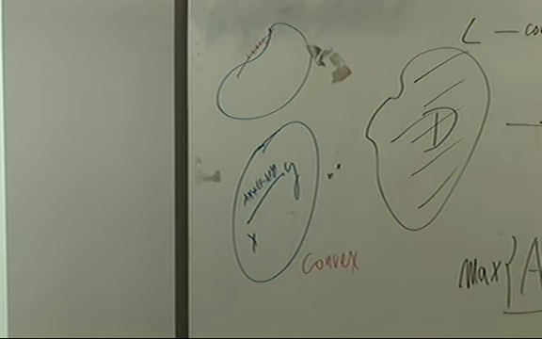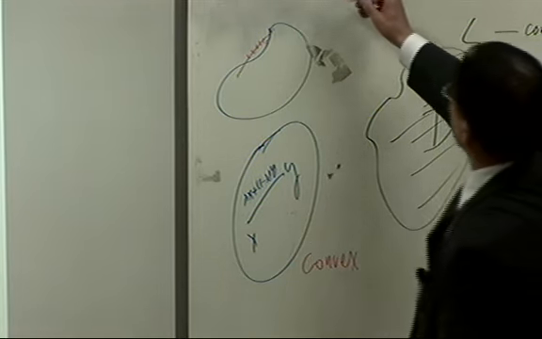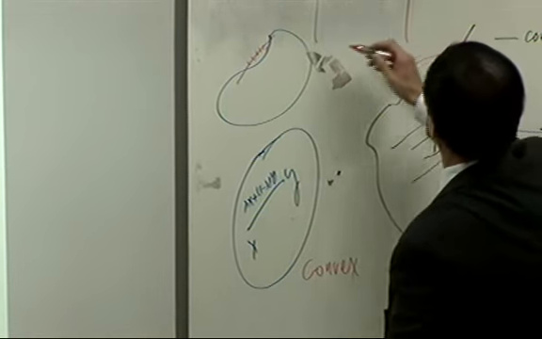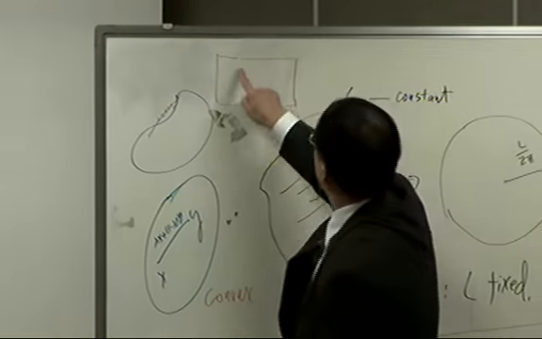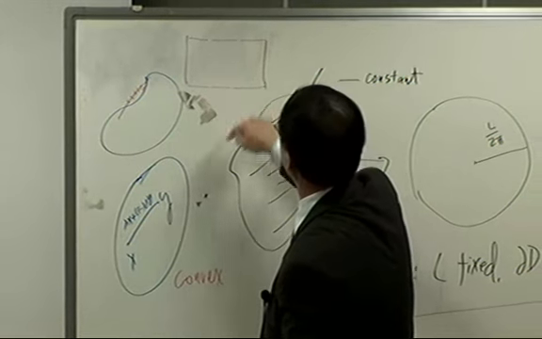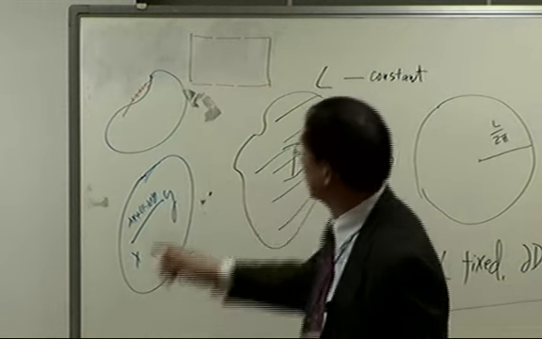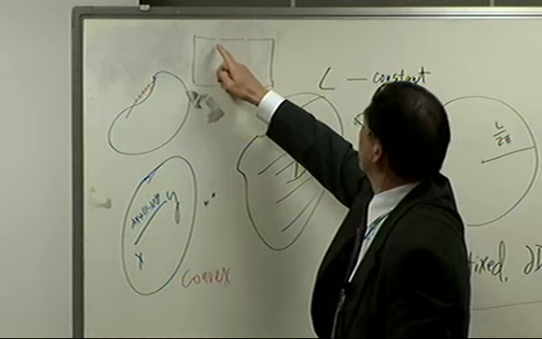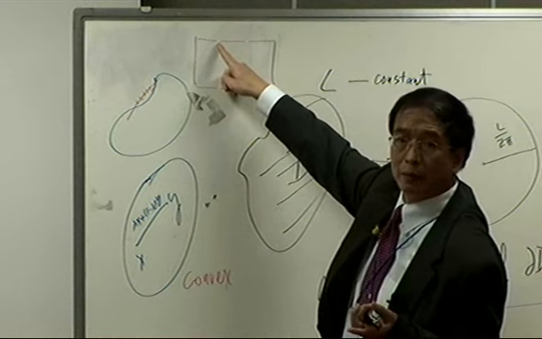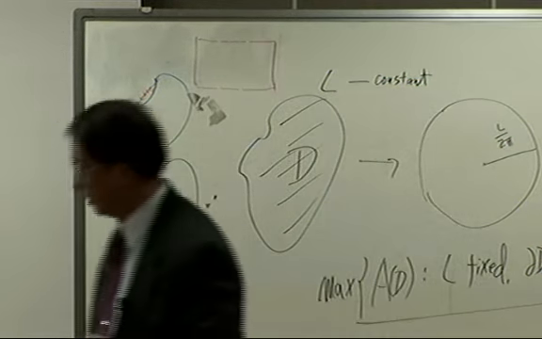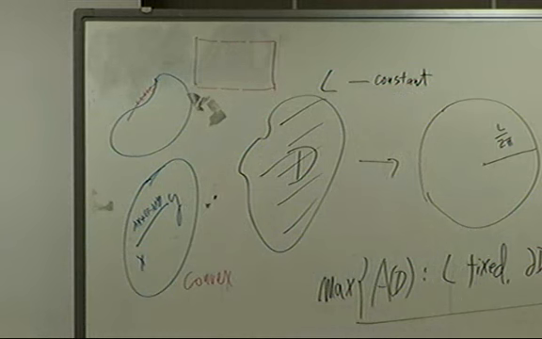This square is convex, right? But if you delete one point or two points here, it is not convex, because when you connect them, this point does not belong to the set.